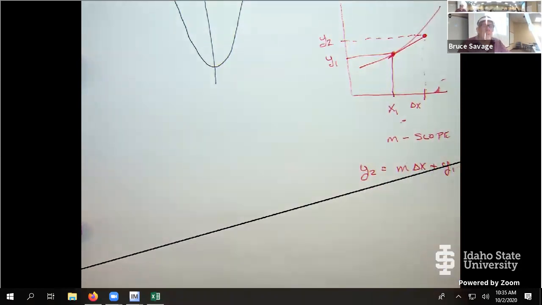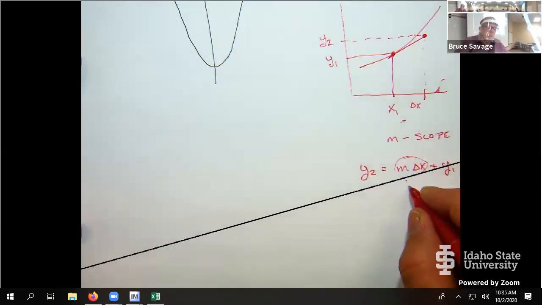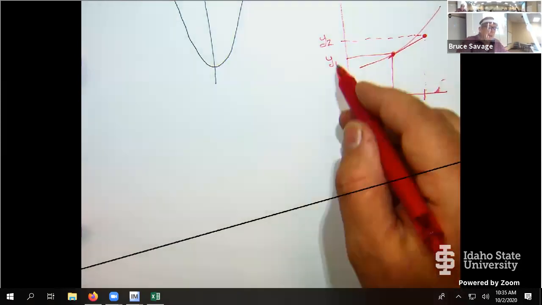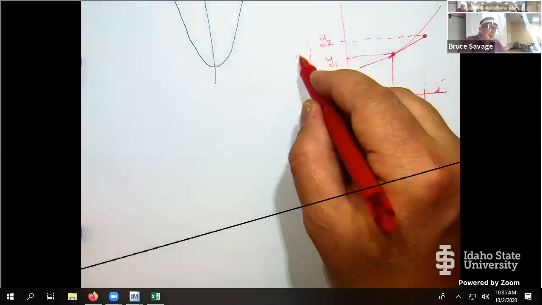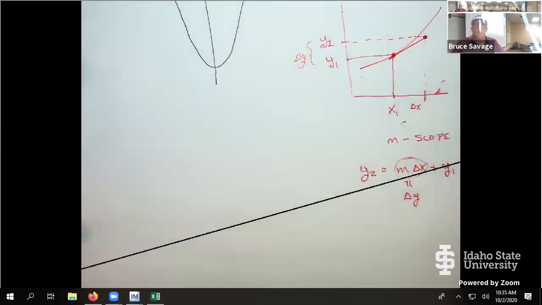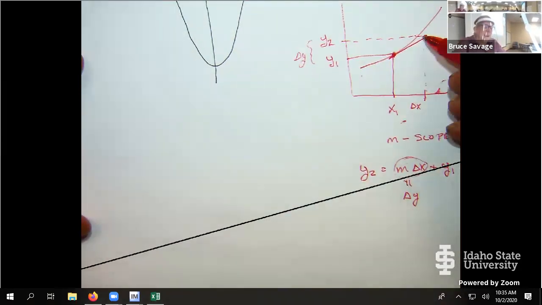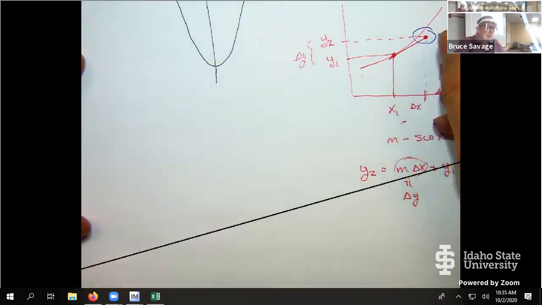It's a little equation of a line. This distance right here becomes delta y. So I take y sub 1, add delta y, and I get y sub 2. That's a numerical method. Now, it's not exactly on my line, so what this is right here is what we call error.